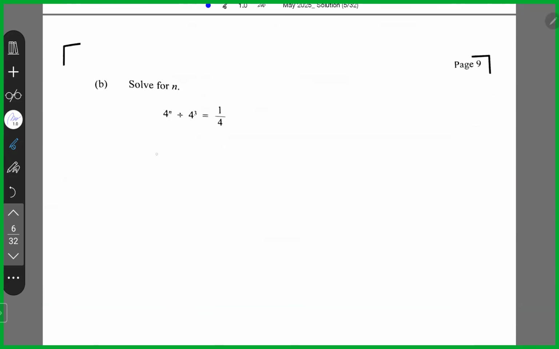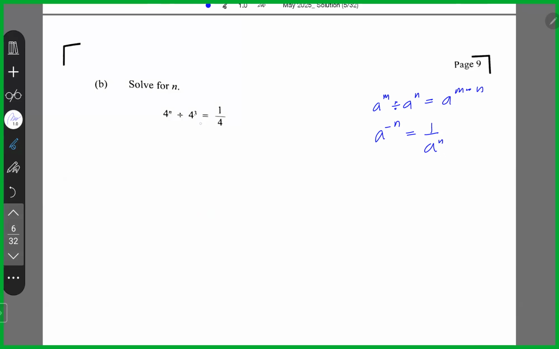So these are the two laws of indices we're going to apply. a to the m divided by a to the n is equal to a to the m minus n. And the fact that a to the minus n is equal to 1 over a to the n.